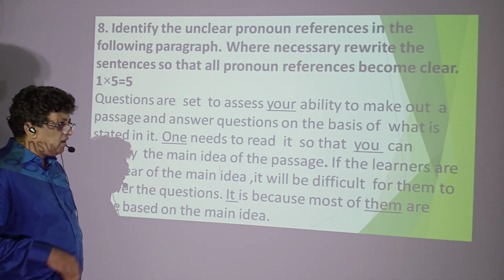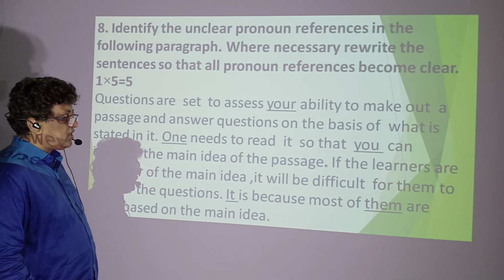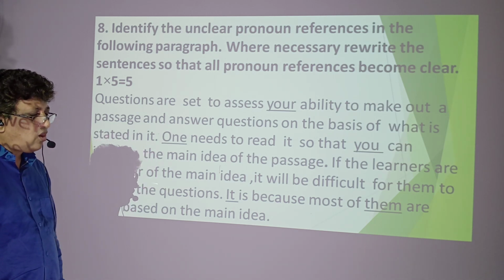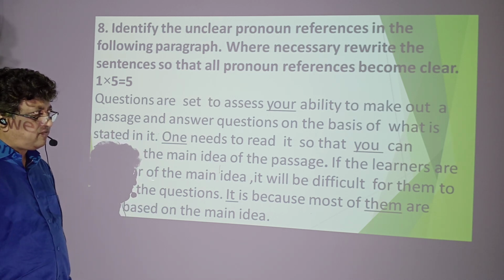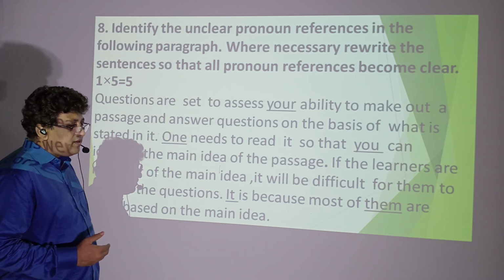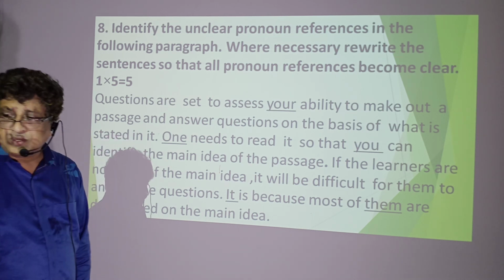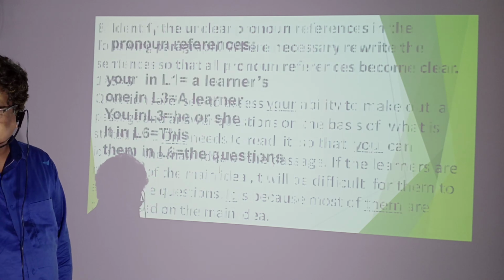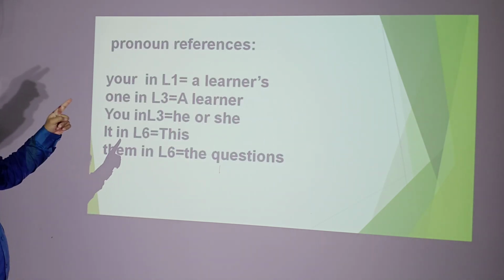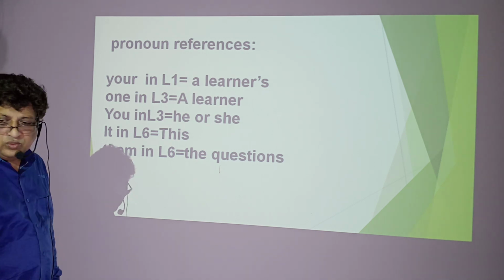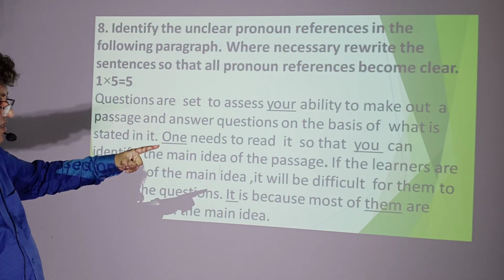We will fall into difficulty in answering this question because we have alternative options to answer these questions. So if you look at this, you can see your in line 1. So just look at your ability.